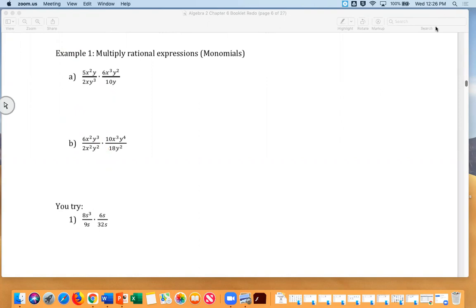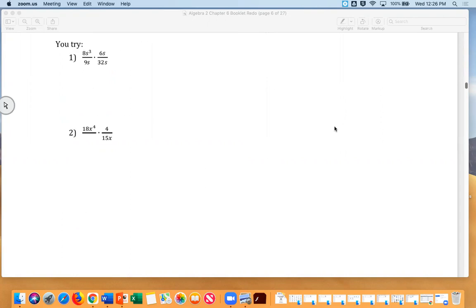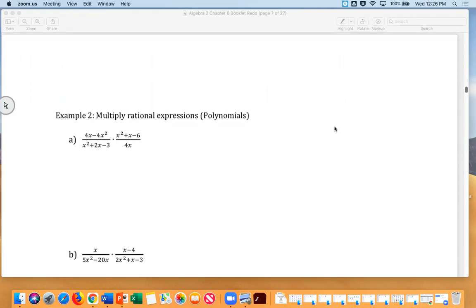Now, monomials, dealing with multiplication and division, not a big deal, right? It's not a big deal because I'm not just dealing with distributive property and all of these other things and factoring. So it kind of doesn't hurt you in these problems, but this is where things are going to get crazy.